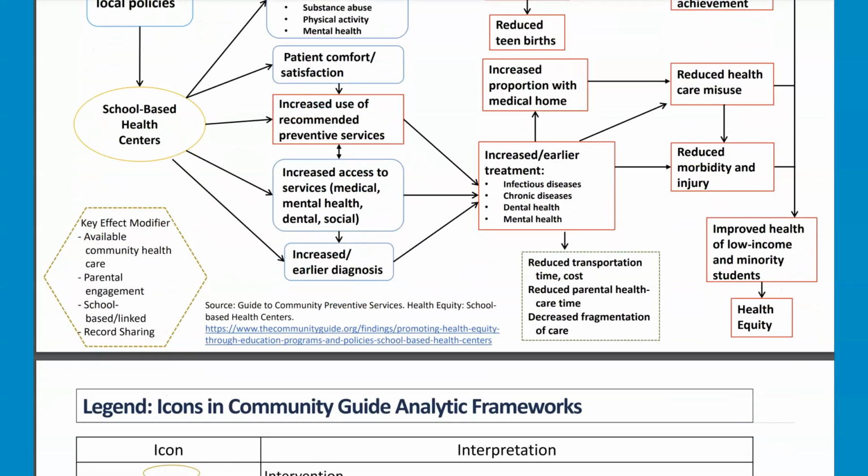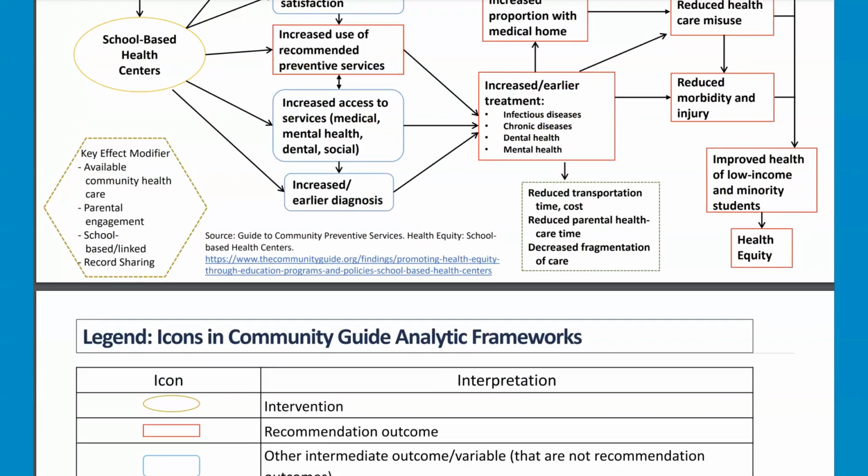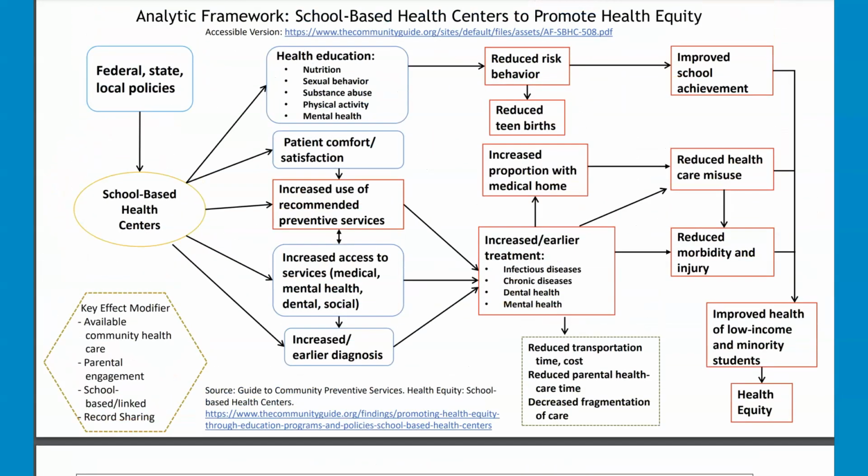Everything in this analytic approach means something. The red is a recommendation outcome. All of the red that you see is a recommendation outcome. So a direct result of the school-based health center recommendation would be increased use of recommended preventive services. And if you follow the red box to the next red box, that is another recommendation outcome, which is increased and earlier treatment of infectious diseases.